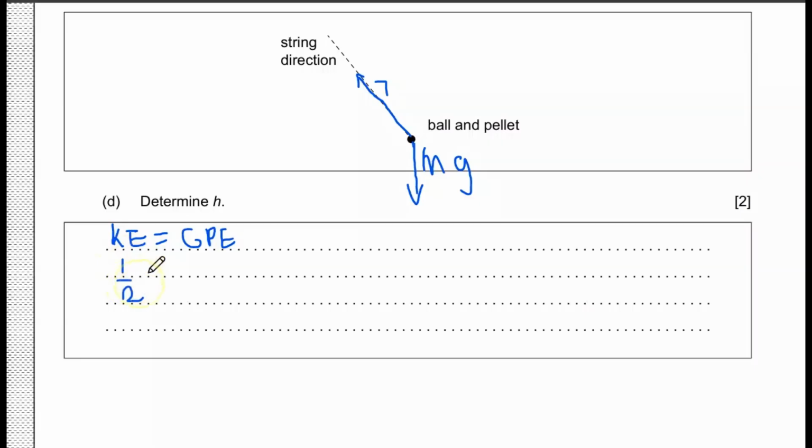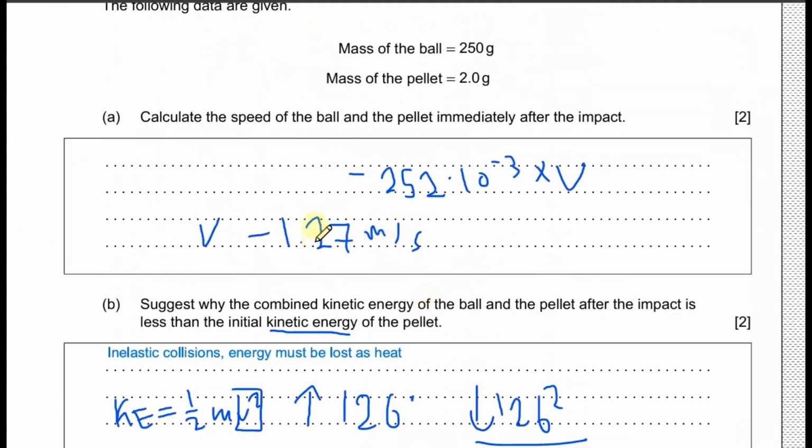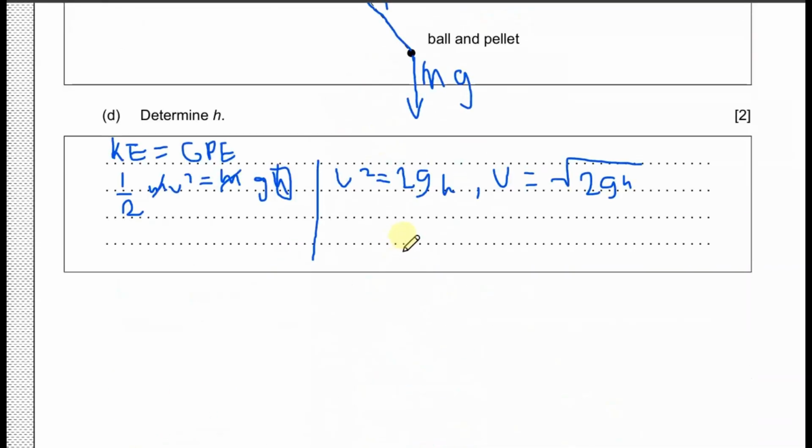So that means that half mv squared is equal to mgh. h is what we're looking for, and in this specific instance the masses will cancel out, so v squared is equal to 2gh, v is equal to root 2gh, and we know from part A that the velocity is equal to 1.27, so 1.27 is equal to the square root of 2 times 9.81 times h.